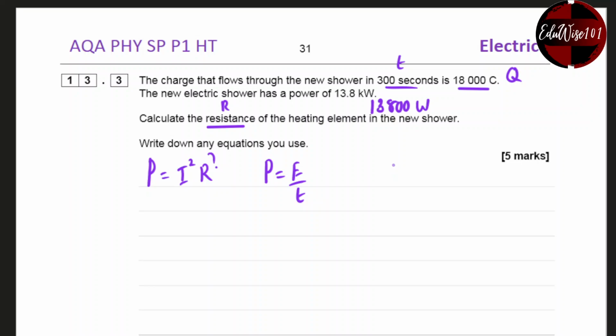Current is the rate of flow of charge, which means I equals Q over T. So let's use this equation first. So let's label that. First equation, the charge is 18,000 divided by 300.